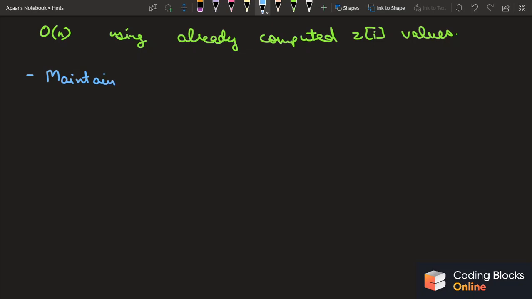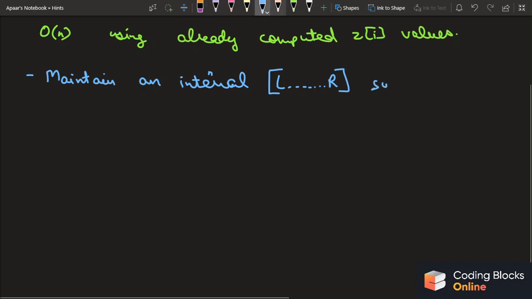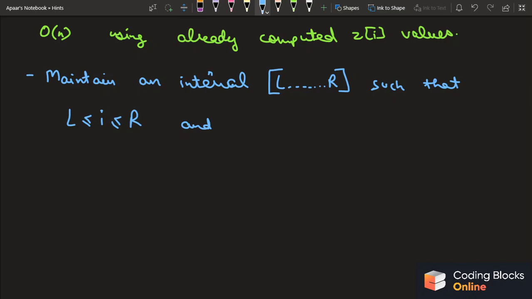We'll maintain an interval, right, L to R. Okay, we'll maintain two indices actually, L to R, and that will represent an interval to us, such that L is less than or equal to I, the current index that I am on, and it is less than or equal to R, and S from L to R, that is the substring from L to R, the interval that we have of this string S, right.